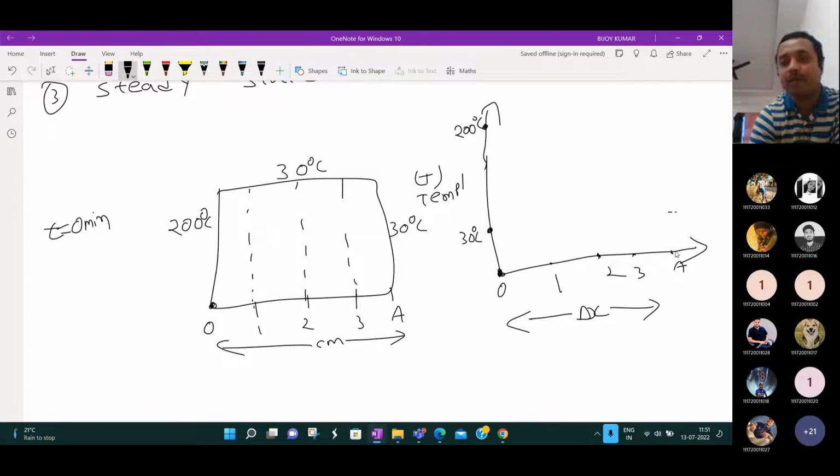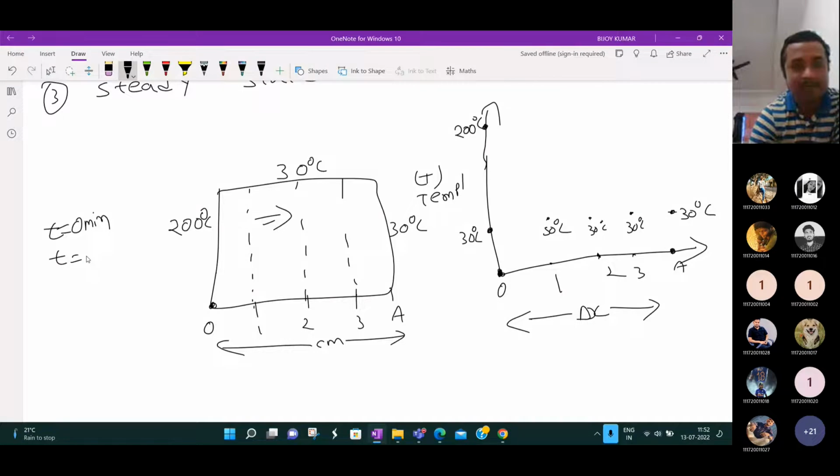What will be the temperature at the far end? It will be 30 degrees centigrade. So what will be the intermediate temperature? As the heat travels, we can find the temperature here. So at 0 minute, you will find here the temperature 30 only, but here a little bit, 50 degrees centigrade.